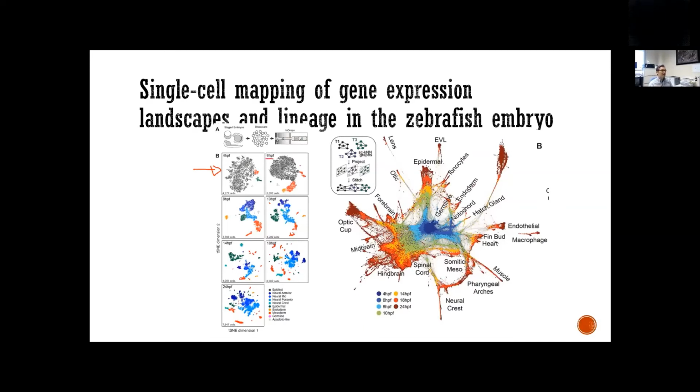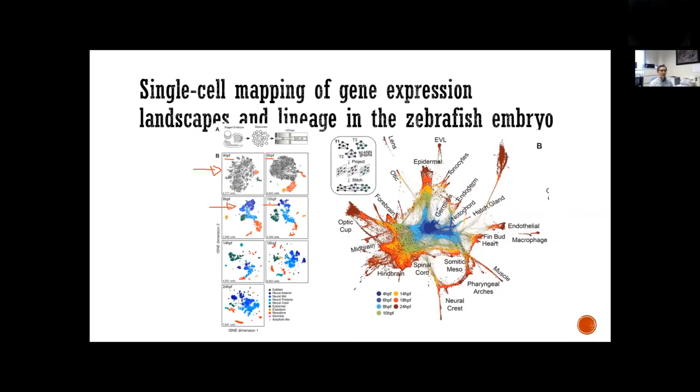After 6 hours, they sampled another embryo. It is not the same embryo, because once you dissociate the cells, the embryo has been destroyed. But what they can do is to process another embryo from the same breeding, and at 8 hours, 10 hours, 14, 18, and 24 hours.